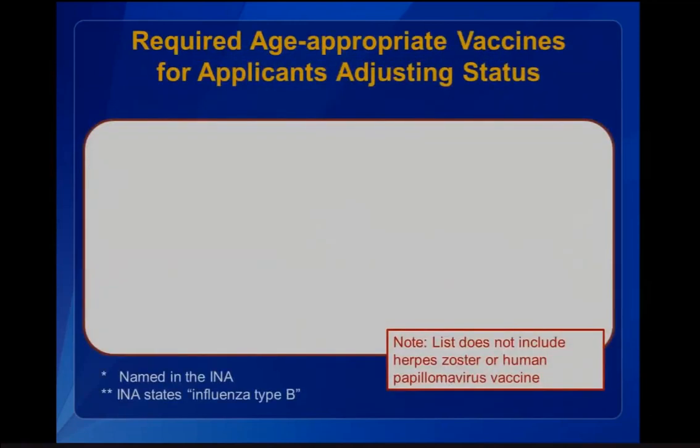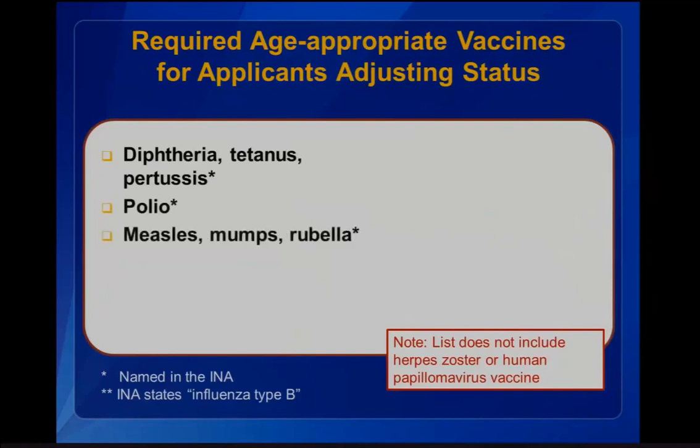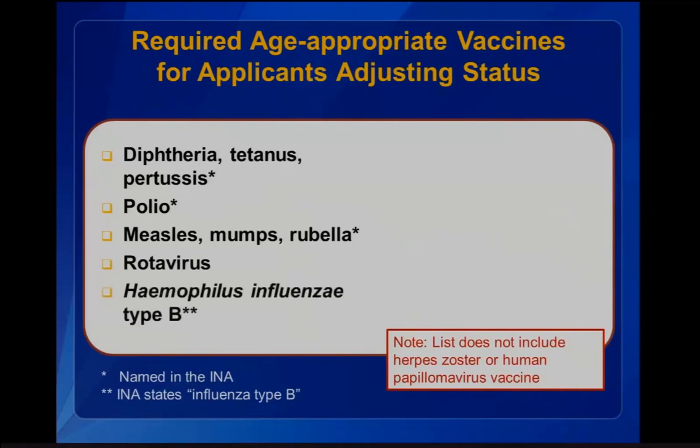And so, required age-appropriate vaccines. We know diphtheria, tetanus, pertussis, named in the INA. Polio is named in the INA. Measles, mumps, rubella, named in the INA. Now, we didn't have a rotavirus vaccine in 1996. It wasn't named when the amendment was made to the INA.